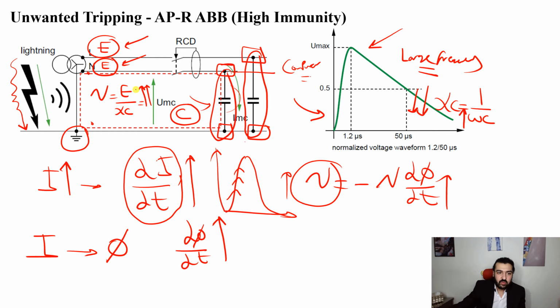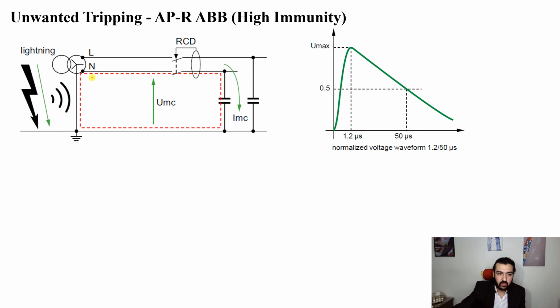So what is the problem? The problem is that this current is equal to E over XC. So there will be a leakage current going like this through this equipment, through these filter capacitors, to the ground.